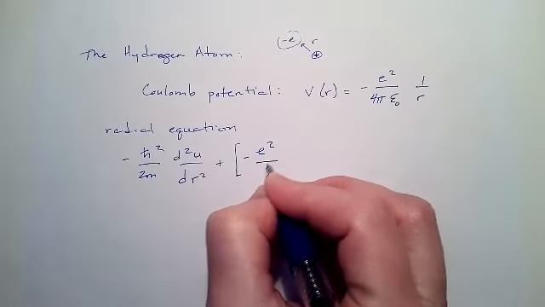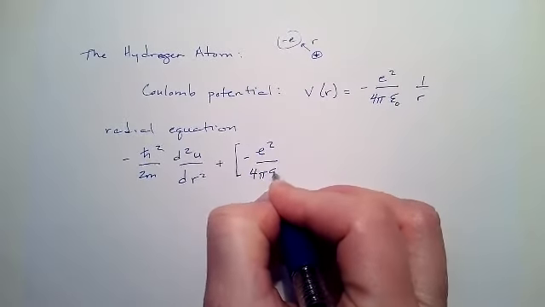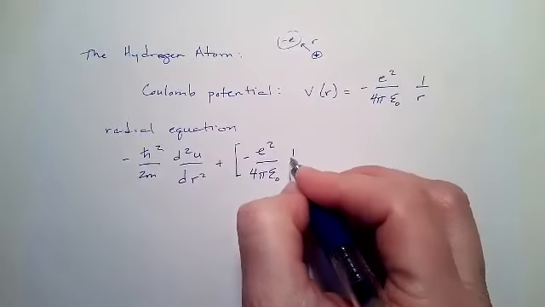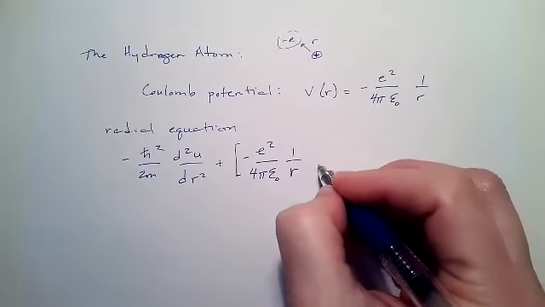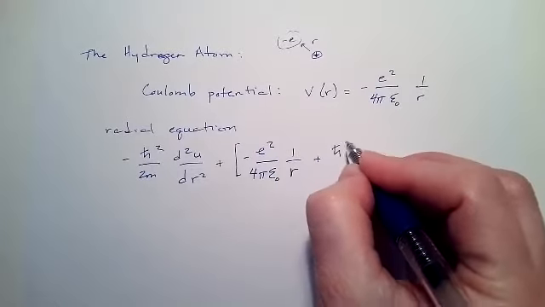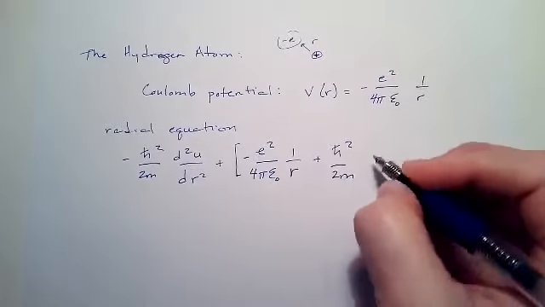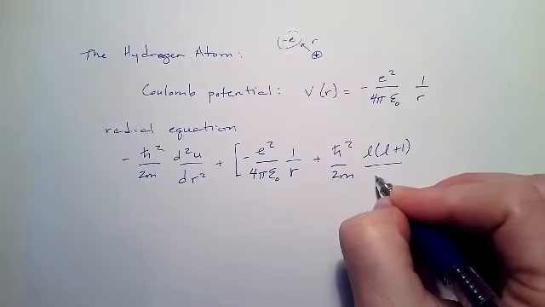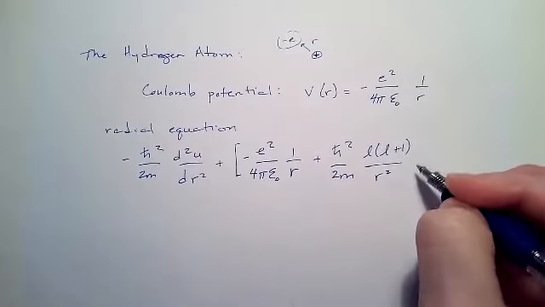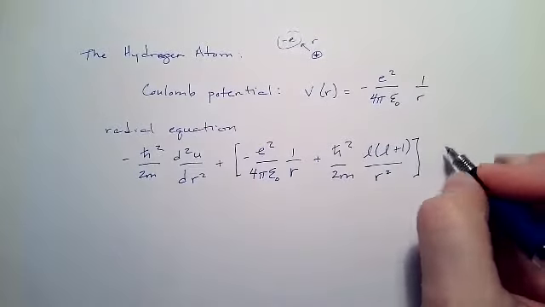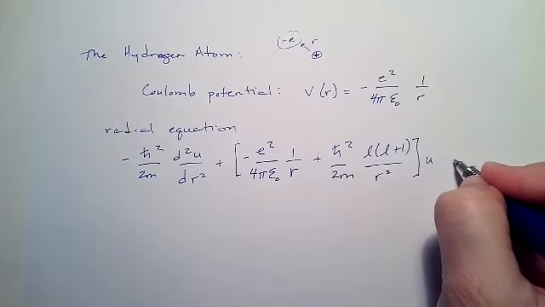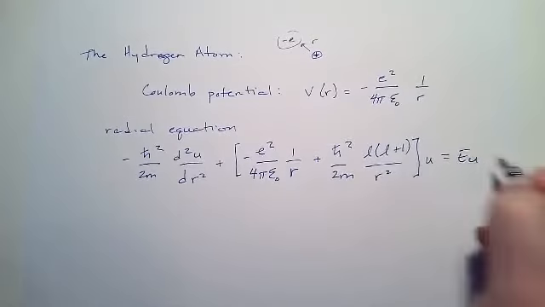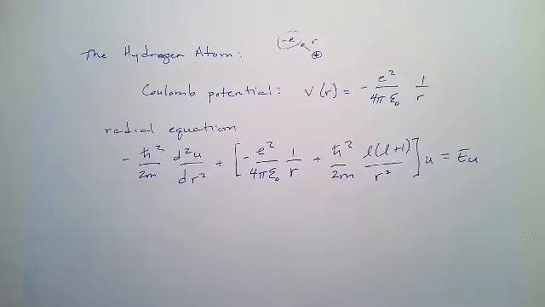We're going to throw in the Coulomb potential, where we had just a generic potential in our Schrodinger equation. And then we're going to have that centrifugal portion of the effective potential that has to do with our azimuthal or our angular quantum number, our u, and then our allowed energies times u. So that is our radial equation for our hydrogen atom.